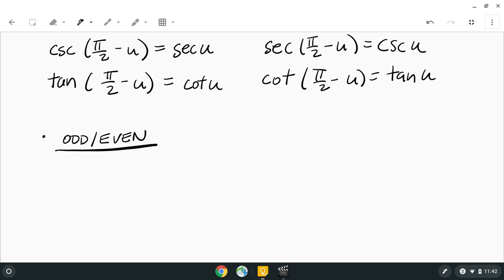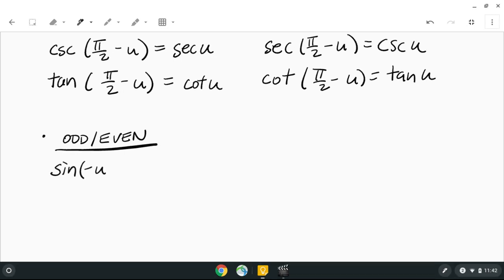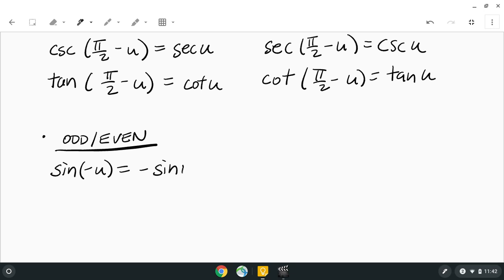Okay, so if you have sine of negative u, that's equal to the negative of sine u. If you have cosine of negative u, then that's going to be the same as just cosine of positive u. And you can kind of see that to be true for cosine.